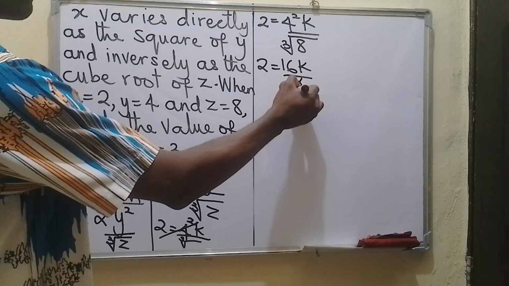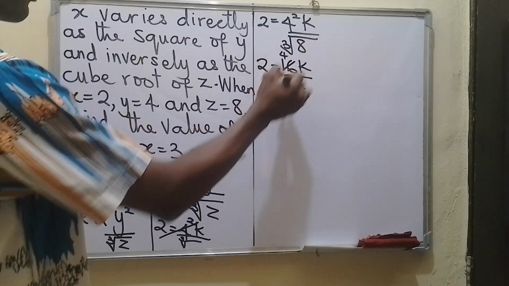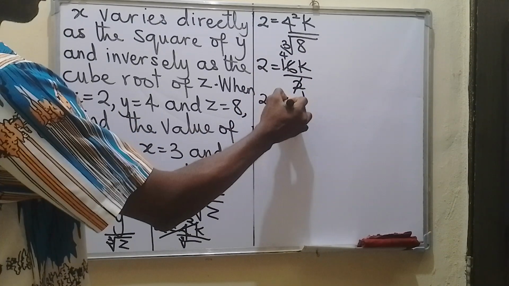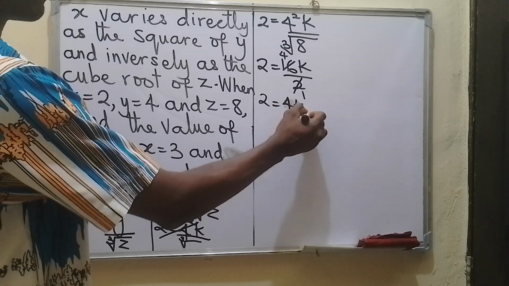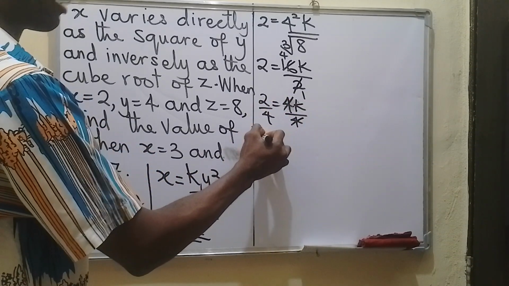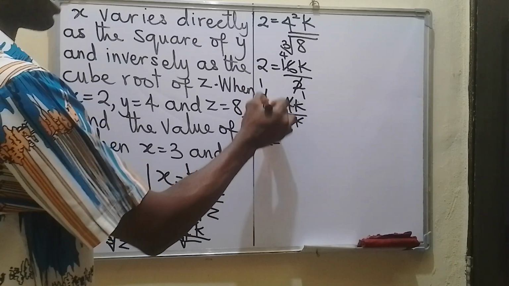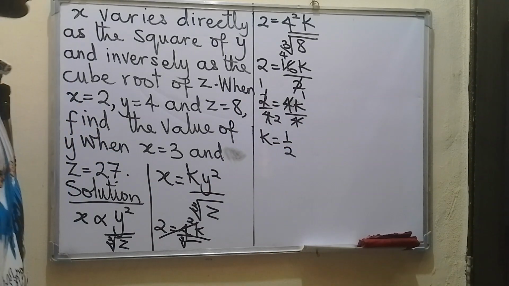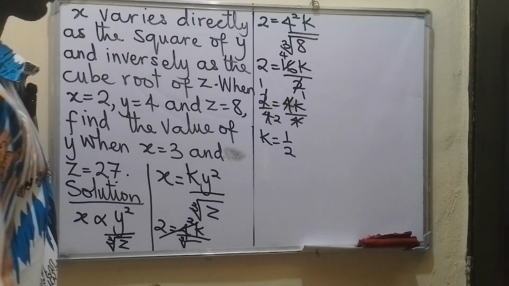So we divide: 2 here by 1, 2 here is 4. So we get 2 is equal to 4k. Divide both sides by 4 so that our k will be 2 over 4, which is half.